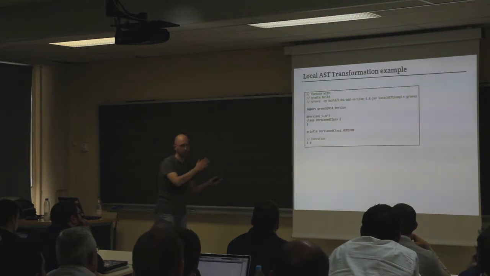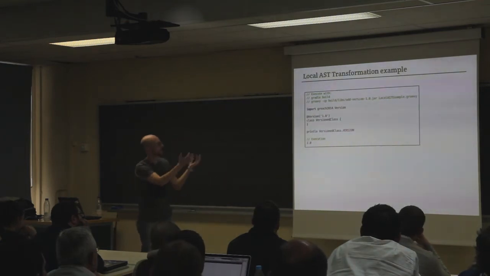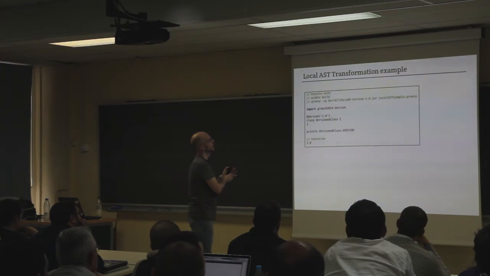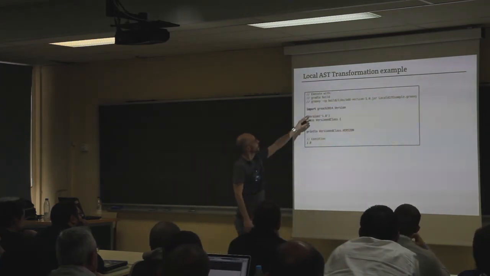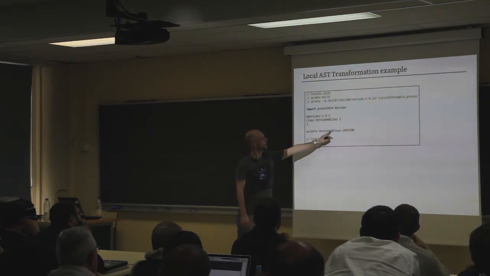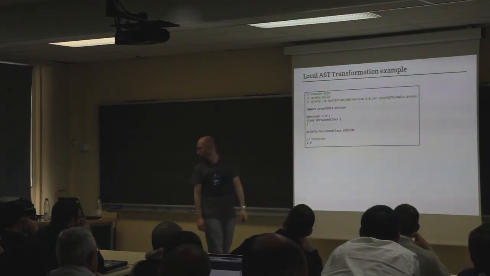We can execute Gradle build to build this annotation, and if we execute this code with this jar in the classpath, we annotate the class and we can print the version, and it will be 1.0.